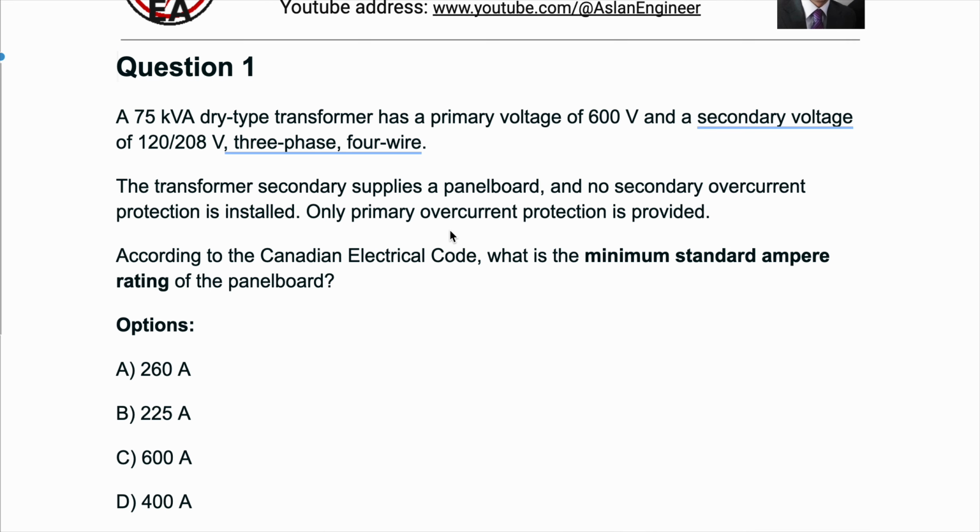So let's come back to the question. As you can see, the power of the transformer is 75 kilovolt-amperes. It is a dry type transformer, and the voltage is 600 for the primary side and 120/208 volts for the secondary.